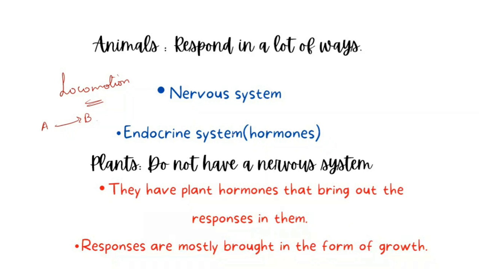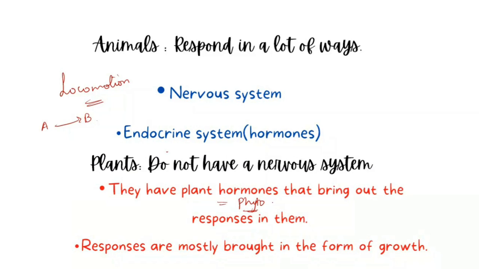Now, plants do not move from one place to another. They don't show the property of locomotion. But plants do respond to stimuli in the form of growth. This growth in plants is induced by plant hormones, or phytohormones.